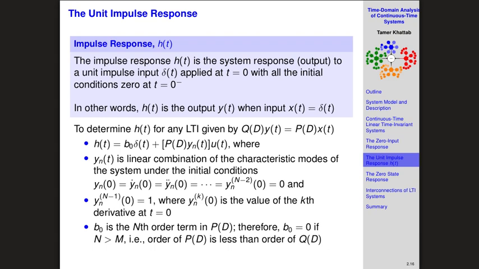The highest derivative of the initial conditions, which is one less than the order of the Q polynomial, is equal to 1. All the other initial conditions are 0: the first derivative with respect to time at 0, the second derivative, the third derivative, up to n minus 2, all of these are equal to 0. Why? Because we are dealing with 0 initial conditions, except for the last one, the highest one, that is equal to 1.